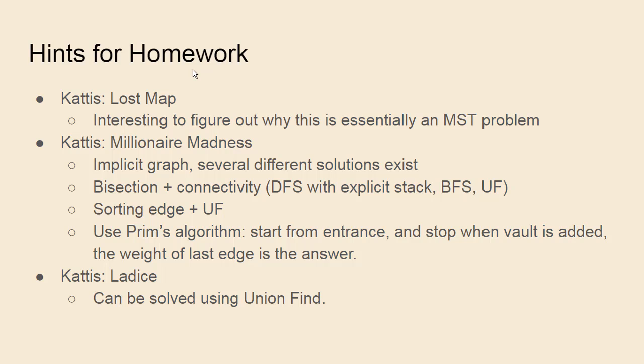Okay, so finally, these are the hints for the homework problems for this week's problem set. We have 3 problems. Lost Map is a pure minimum spanning tree problem. The interesting part about the problem is to figure out that this is actually a minimum spanning tree.